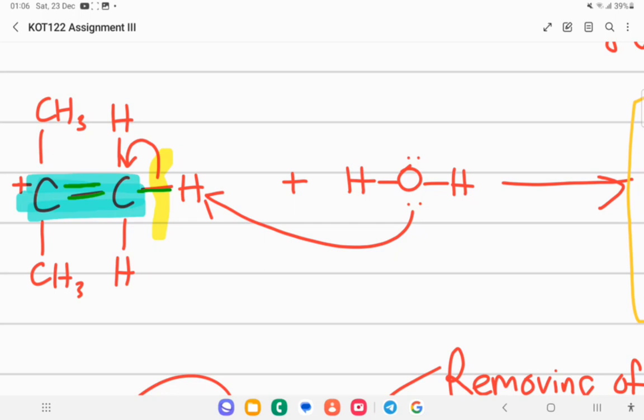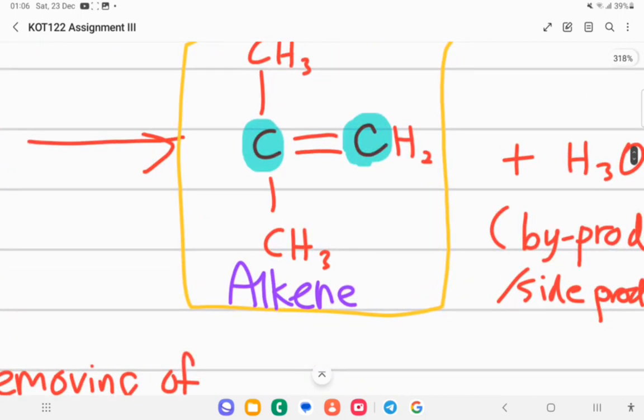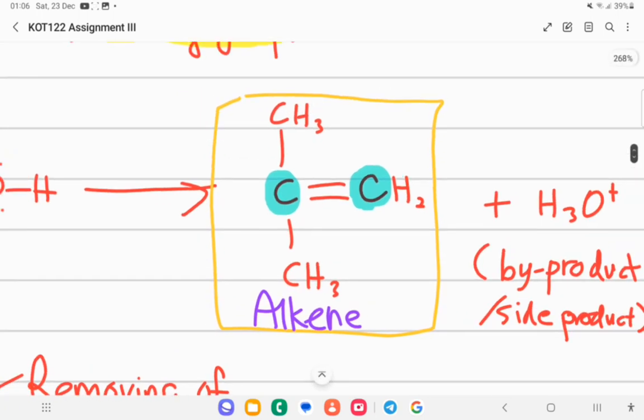So we now understand where this bond comes from. It comes from the removal of the proton by our base. In this way, we can form an alkene.